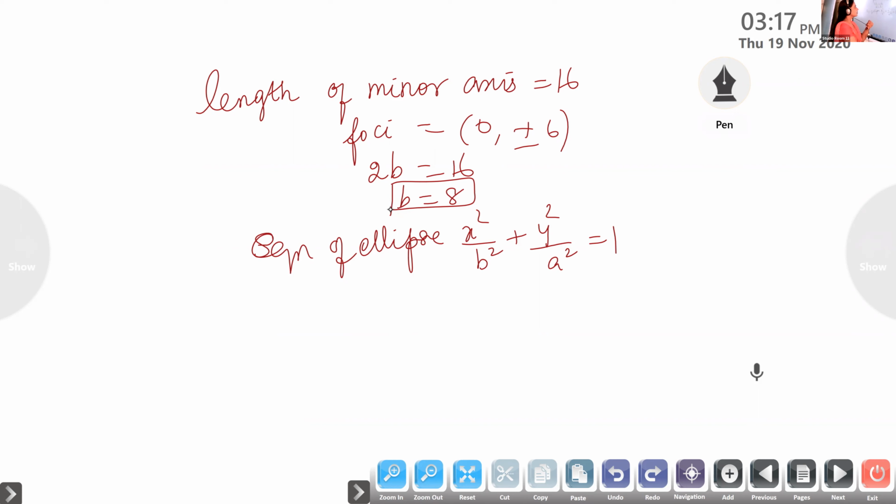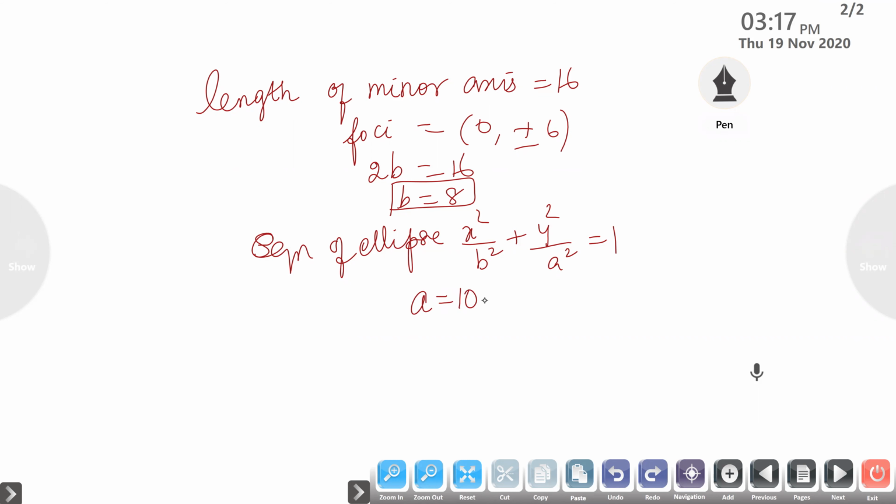Srihari, what is the value of a? 6. Rijas, what is the value of a? a is 10.